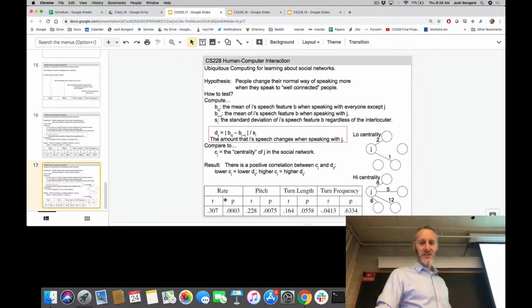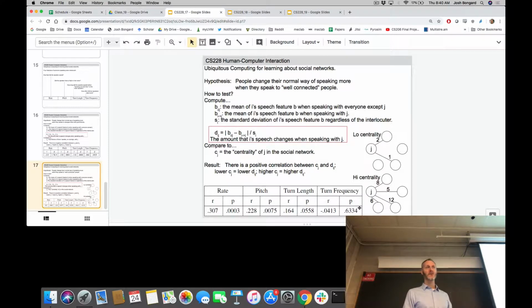And at least in the case of rate of speech and pitch, P is exceedingly low, which means this positive correlation is probably true. We can probably trust the fact that when C goes up, D goes up, and vice versa for rate and pitch, but not for turn length and turn frequency. For most mathematicians, the p-value is sufficiently high here that I wouldn't trust this positive correlation.